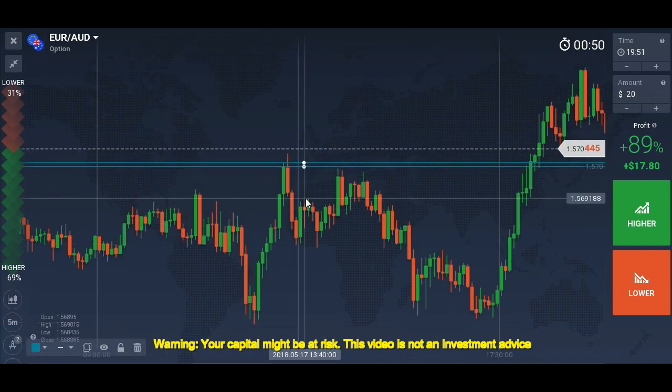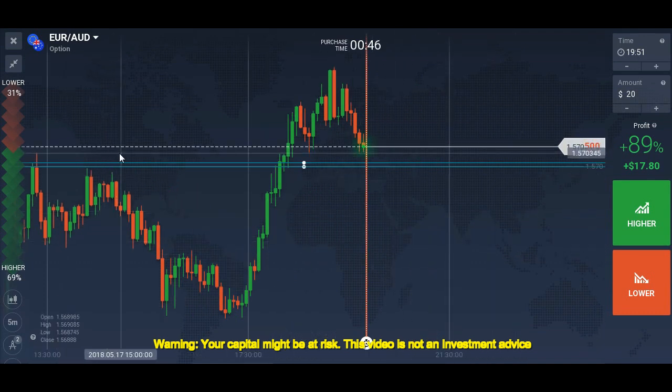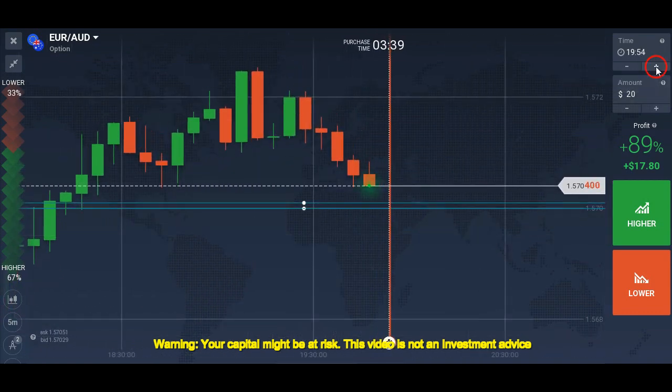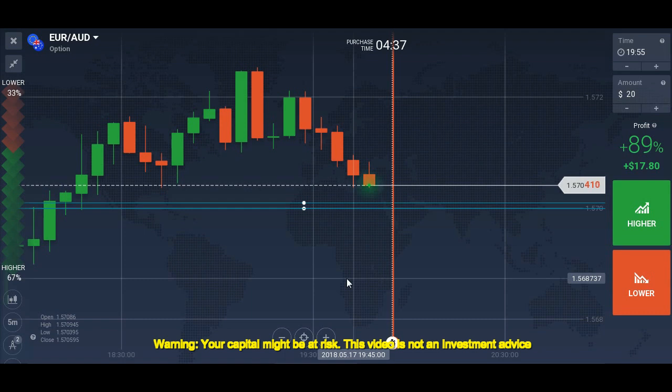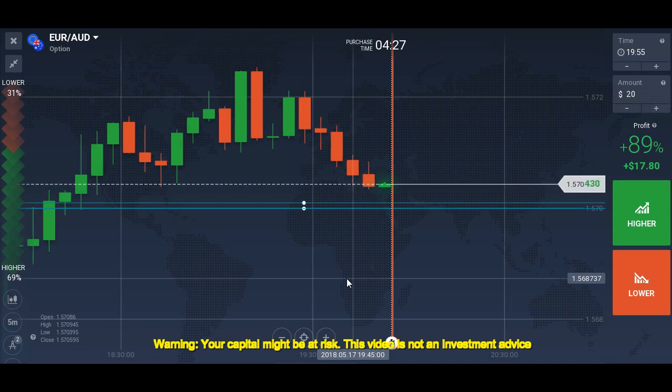So we have an extreme level here, and that's great. We need to wait for the candle to finish. It's going to finish soon.